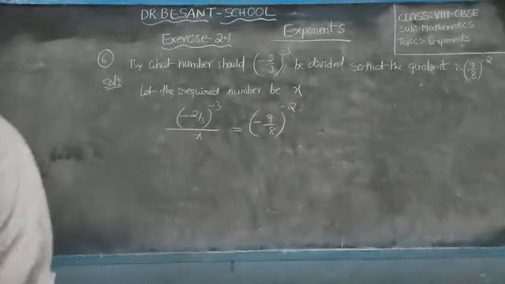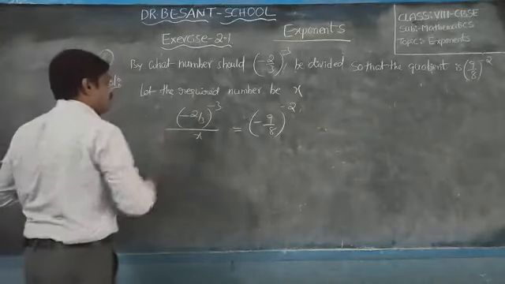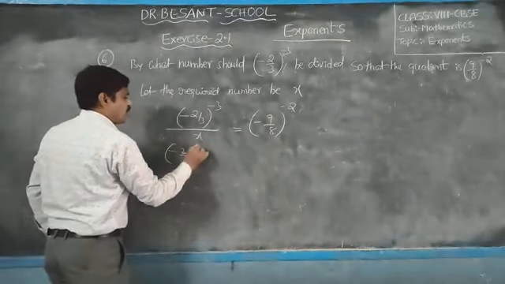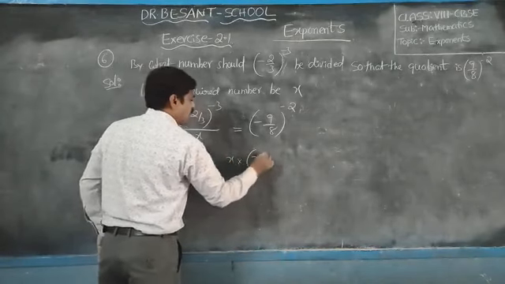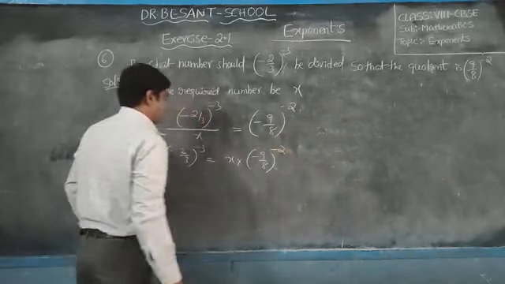Okay. Next. So that is equal to minus 2 by 3 whole power minus 3 is equal to x into minus 9 by 8 whole power minus 2.